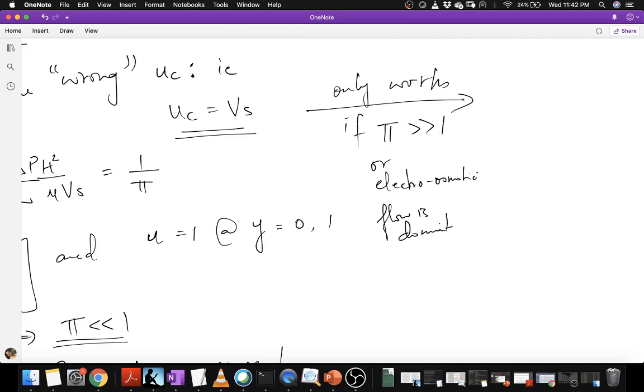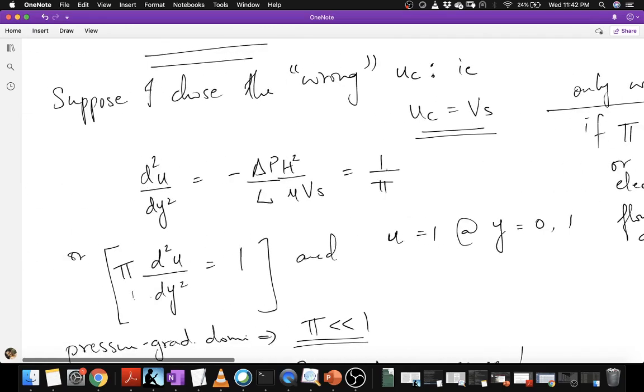Similarly, this condition again would tell us how large Vh should be or how small delta P should be for this to hold. But if this holds, and if I came into the problem saying, hey look, I'm mainly interested in electro-osmotic flow and the pressure gradient is a small effect, then I know that pi is much greater than 1. Then it would have made sense for me to choose UC equal to Vs.